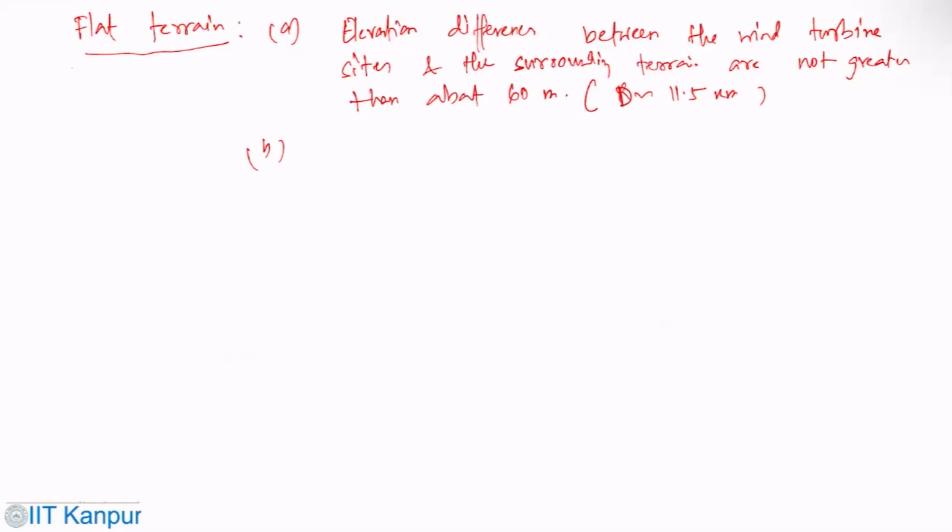Then no hill has an aspect ratio greater than 1 by 50.